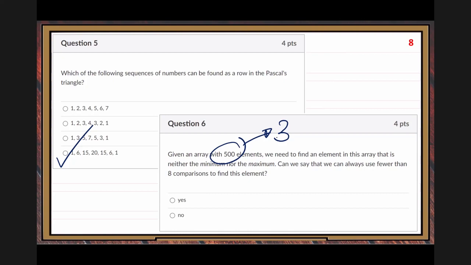In 3 elements, the one you want to find is not the maximum, not the minimum, but the median of 3, right? So you find the median of 3 elements.